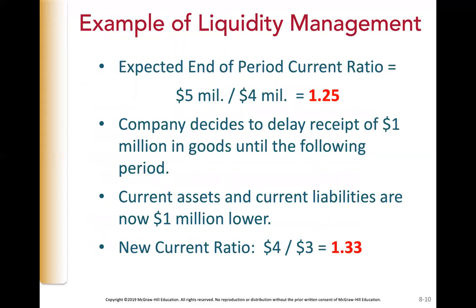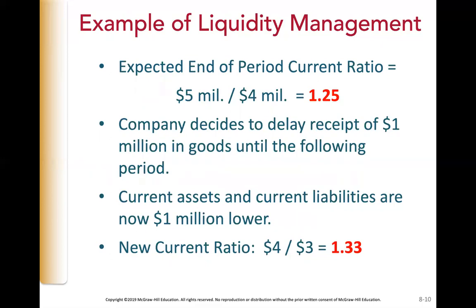This is an example of that. They're expected in the current period ratio to be 1.25. They decide to delay the receipt of $1 million in goods until the following period. So by lowering inventory by $1 million and liabilities by $1 million, the new ratio goes up to 1.33.